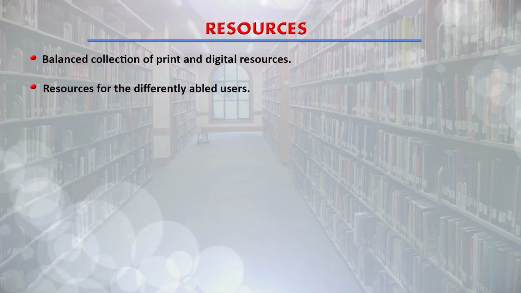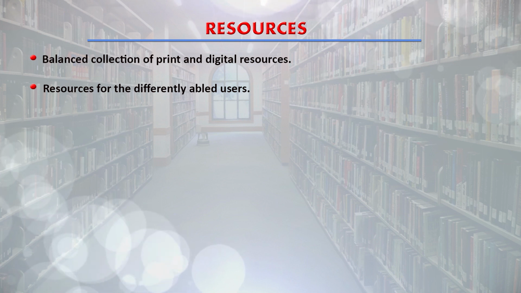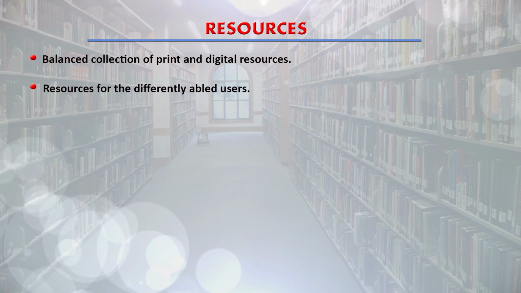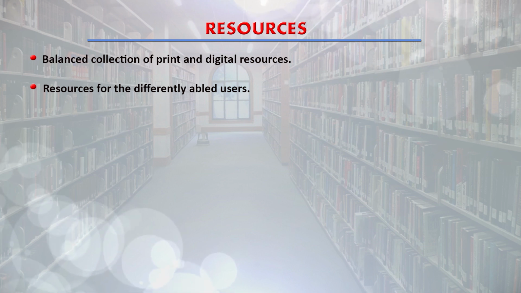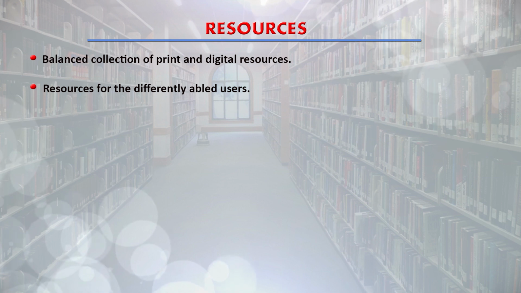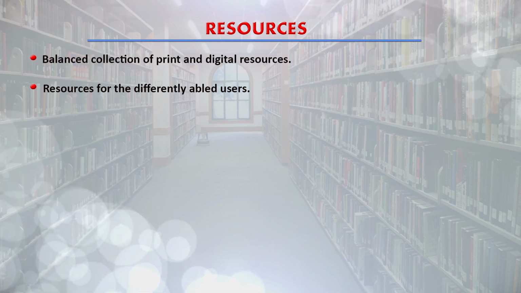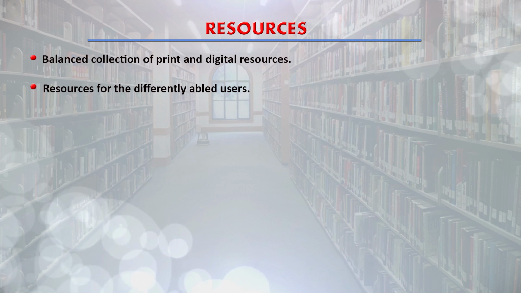The resources available in the university libraries are a balanced collection of both print and digital resources. All types of users come to the universities. Some are differently abled users also.